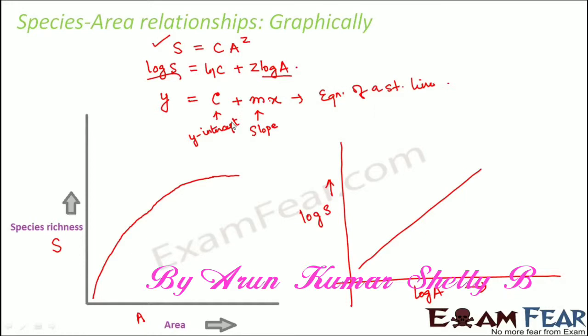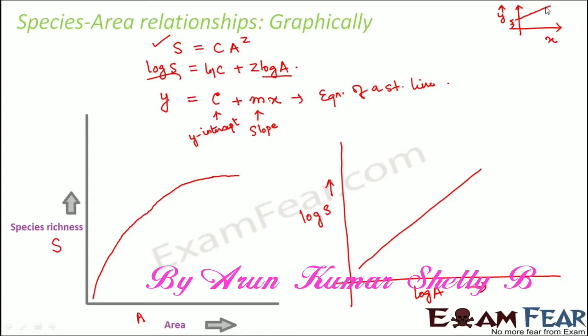I hope you have learned this in your mathematics, but in case you have forgotten the concept of the equation of a straight line, let me quickly remind you. It is somewhat like this. Let us suppose this is your plot, with x and y coordinates, and you have a straight line like this. Then this is the y-intercept.